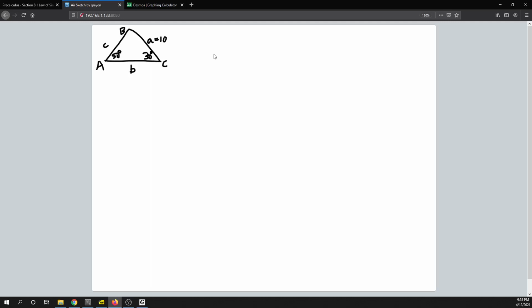The first thing we're going to do is calculate the missing angle, right? So B is going to be 180 degrees minus 50 degrees minus 30 degrees. And so that is going to come out to be 100 degrees.